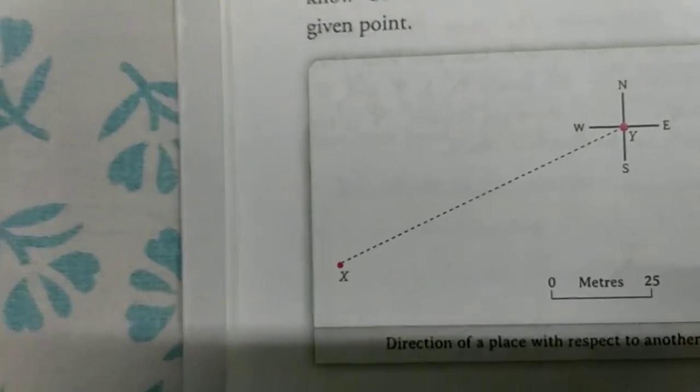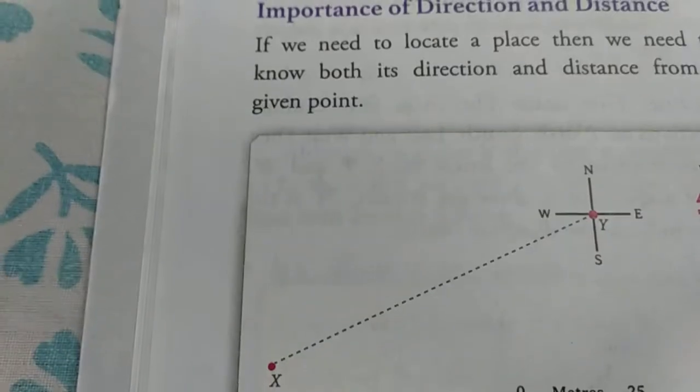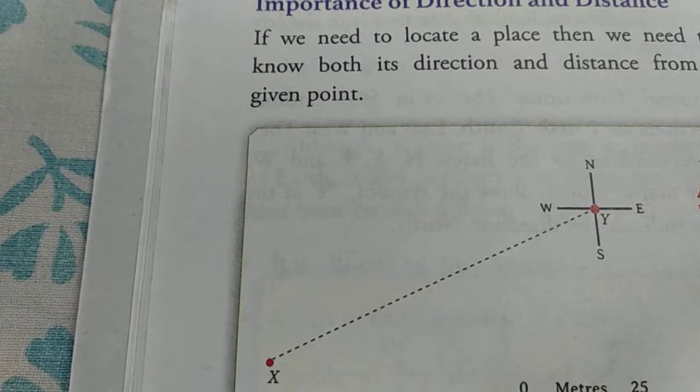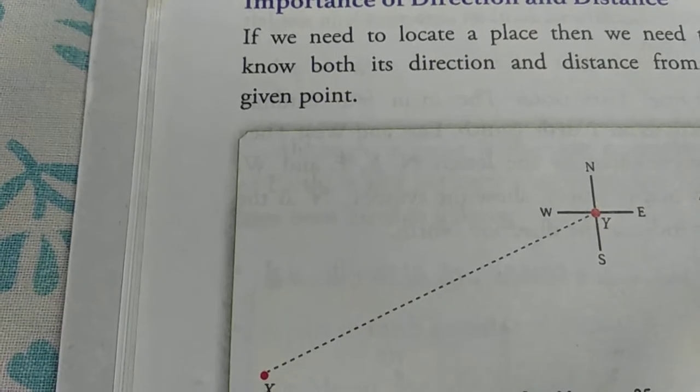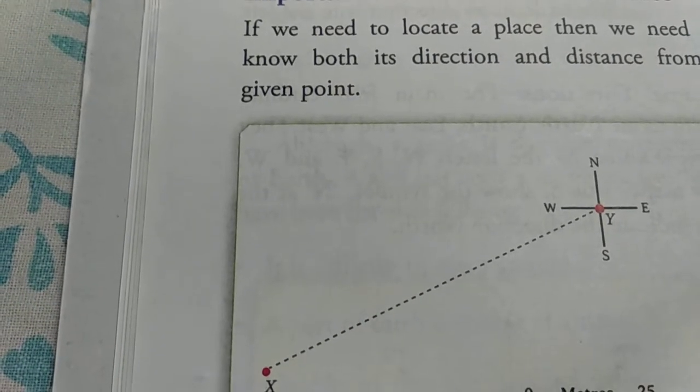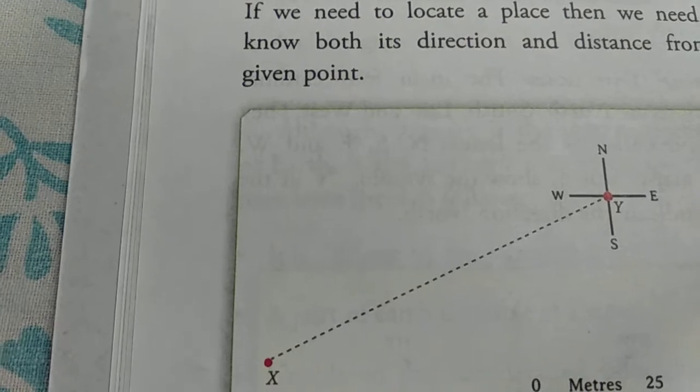What is the importance of distance and direction? On a map, if we want to find a direction, how will we find it? For instance, if there is a place at a point whose location needs to be known, what information should we get? It should be helpful if we know how far away it is.